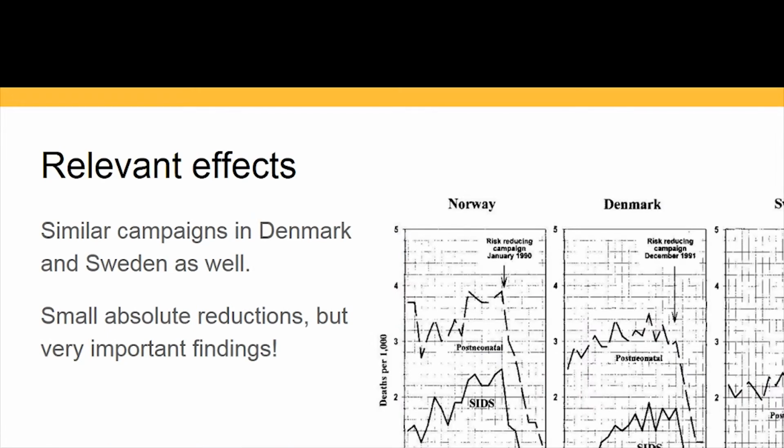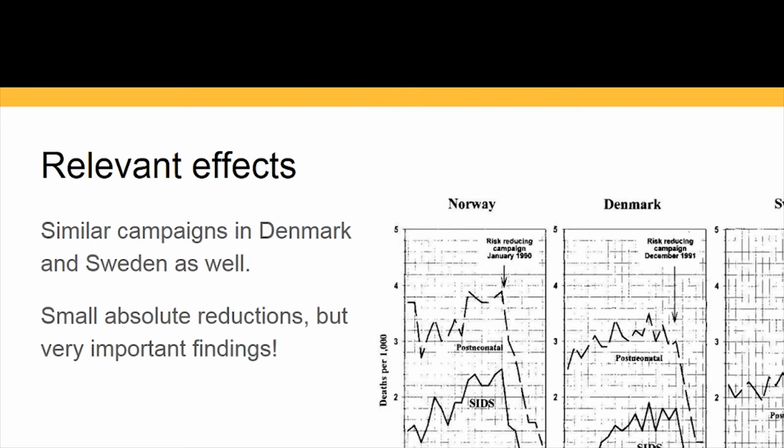There were similar campaigns in Denmark and Sweden as well. In this figure, the top curves over here show total post-neonatal deaths per 1,000, and the bottom curves down here show SIDS per 1,000.